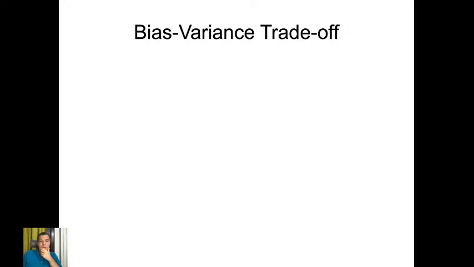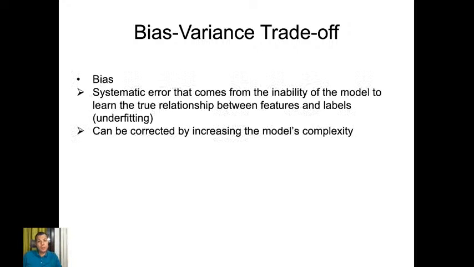So now we're going to discuss the bias-variance trade-off. This is a concept that is known in machine learning, and it is related to the errors that I presented above.